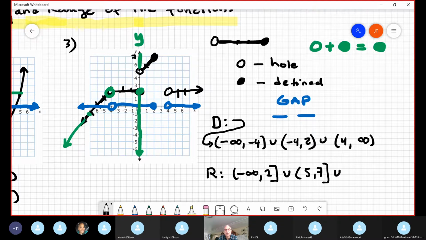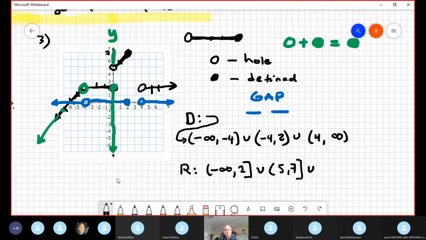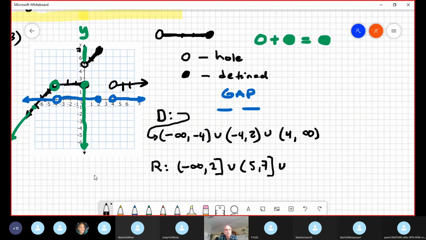Guys, quiet. Also, no more intervals, because that part was included in this one. So this is totally not necessary. This is not infinity, this stops here, at 7.